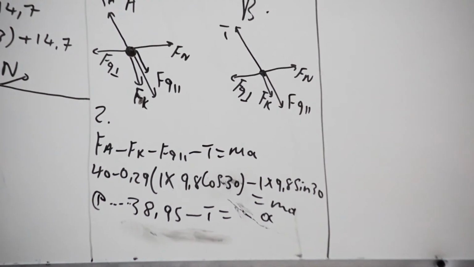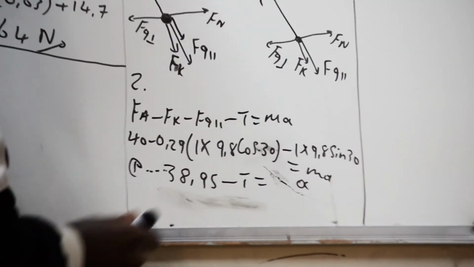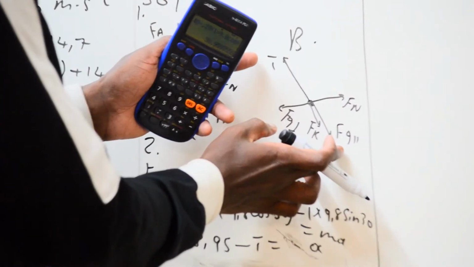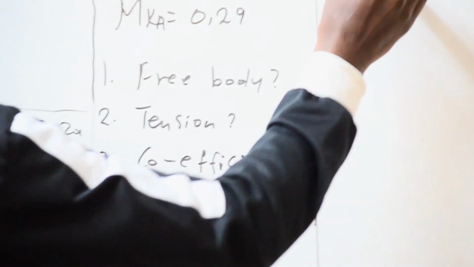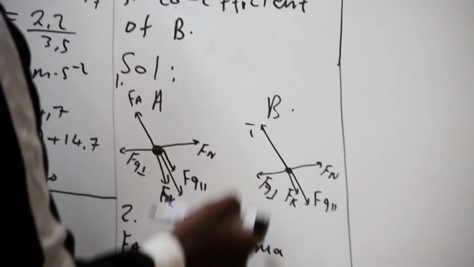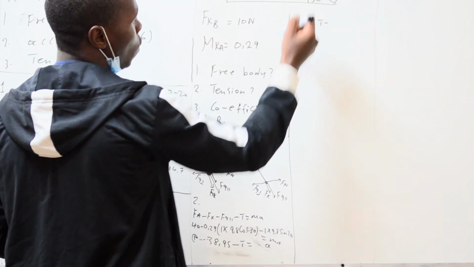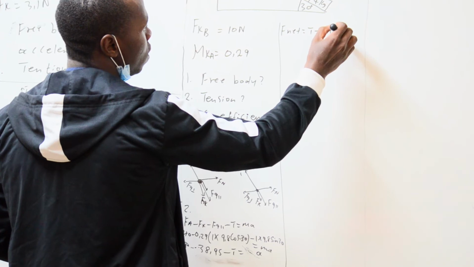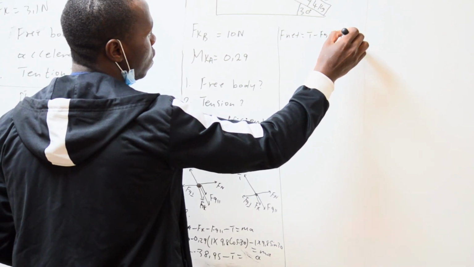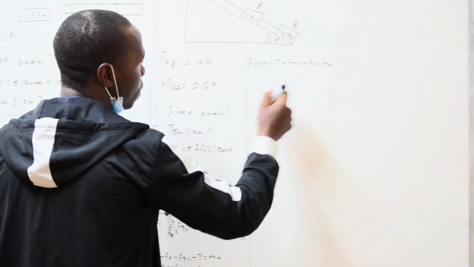On the incline you have to be very careful. Let's come to this one, the F net here. It will include tension, which is pulling up block B. I include the Fg parallel, I include the friction, which is Ma.